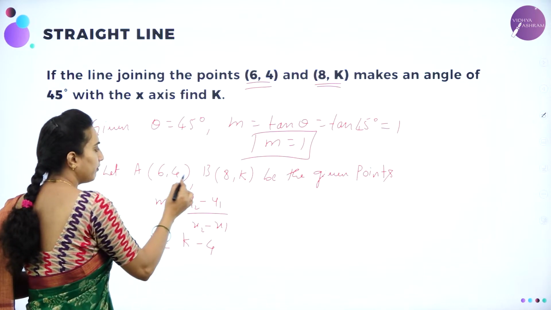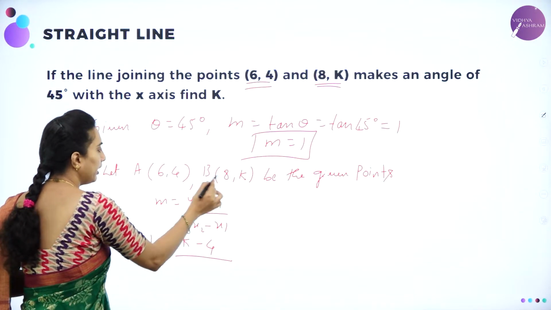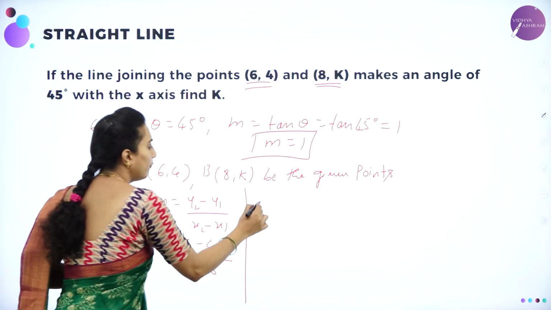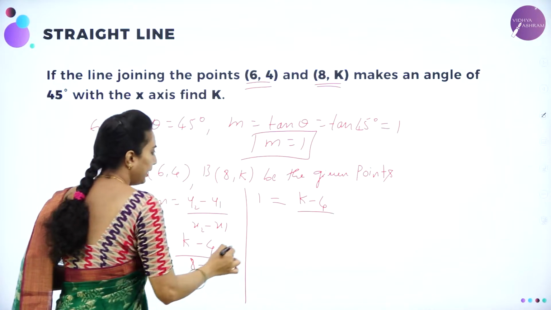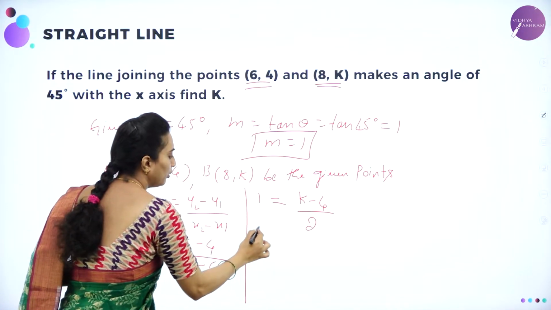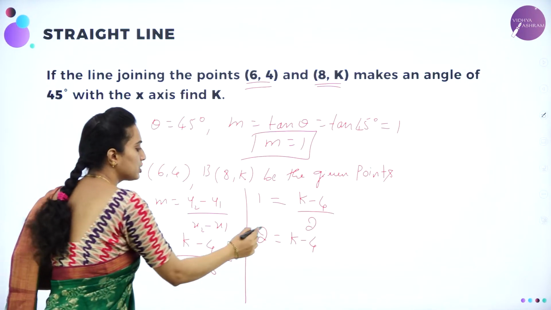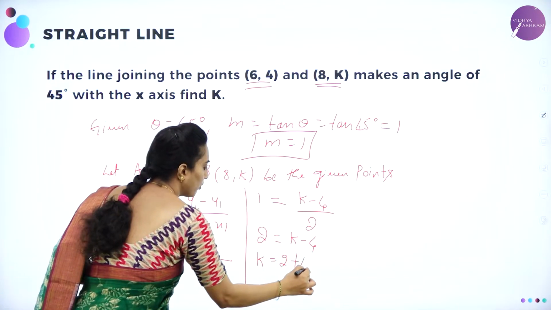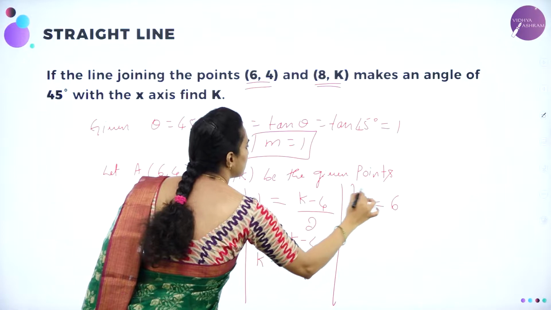Taking this one as x1, y1, taking this one as x2, y2, k minus 4 divided by 8 minus 6. Solving this again, 1 will be is equal to k minus 4 as it is, divided by 8 minus 6 is 2. Cross multiplying, 2 will be is equal to k minus 4. Otherwise, you can shift minus 4 to this side. k will be is equal to 2 plus 4, which is nothing but 6.